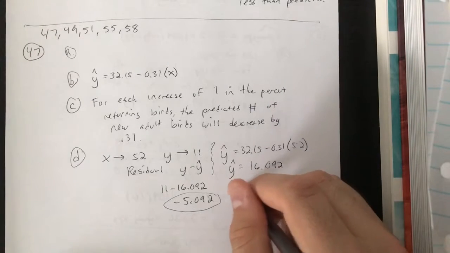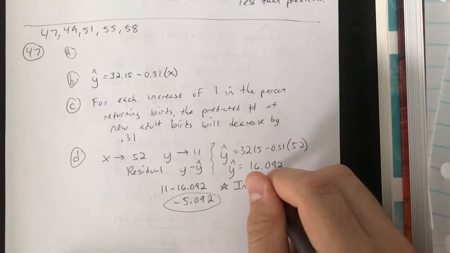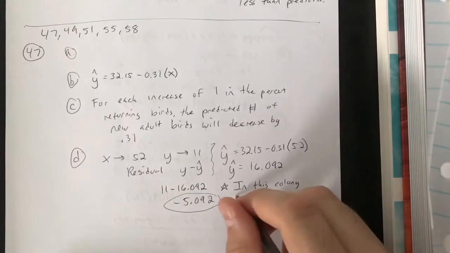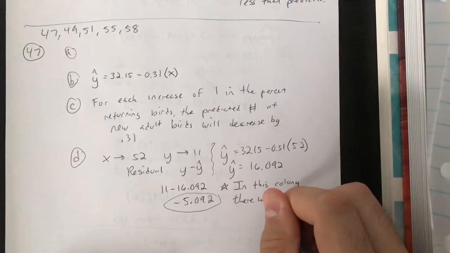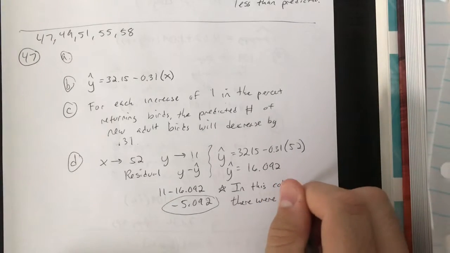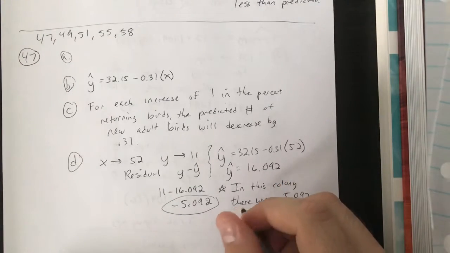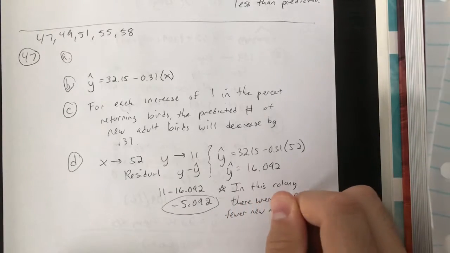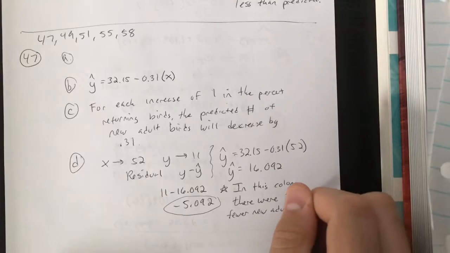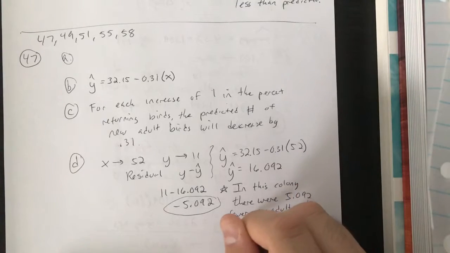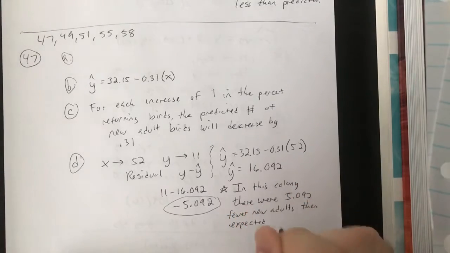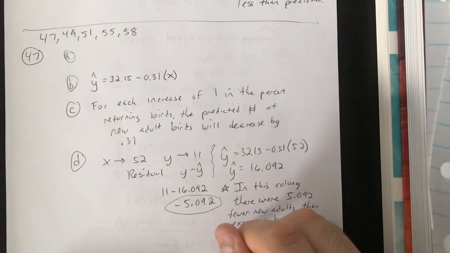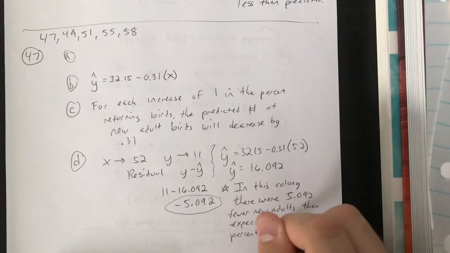So in this colony, there were 5.092 fewer new adults than expected, based on percent returning birds.